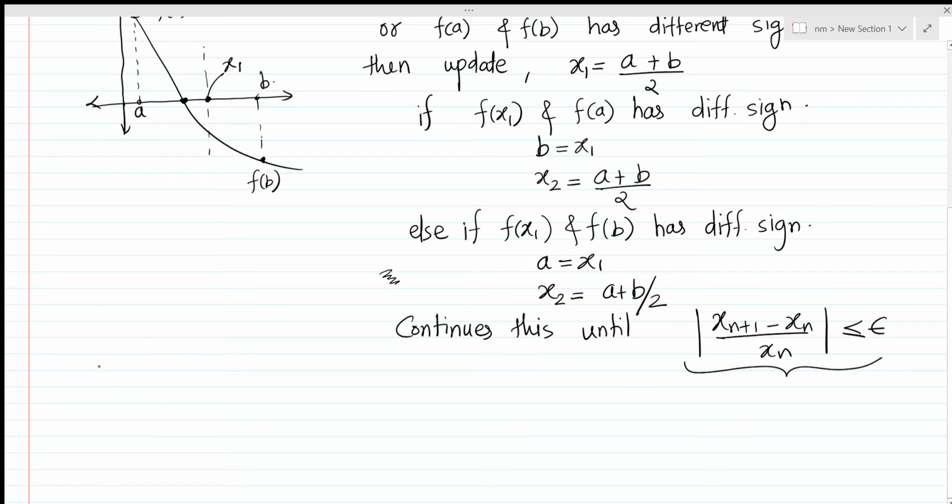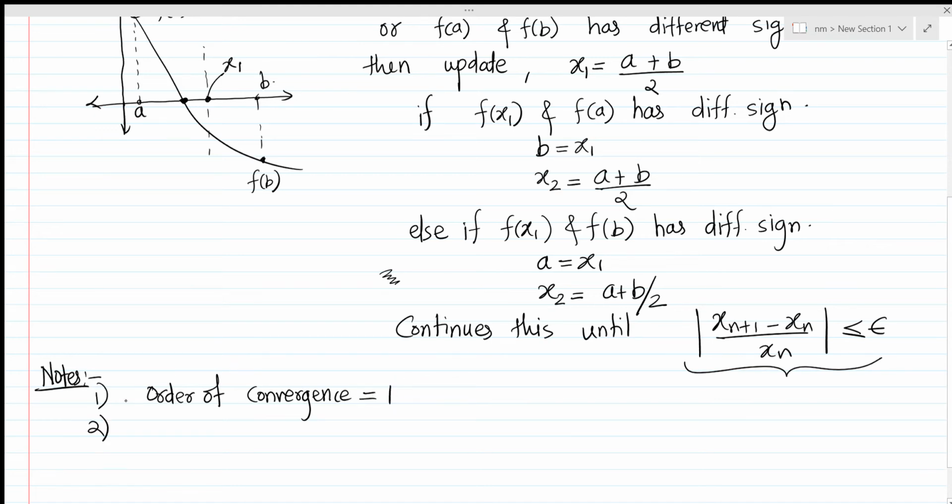Some important points about the bisection method: it always converges, but it has a very slow convergence rate, and the order of convergence of this method is equal to 1.